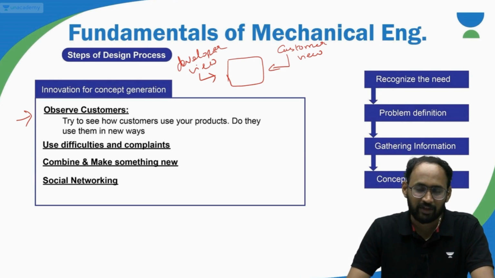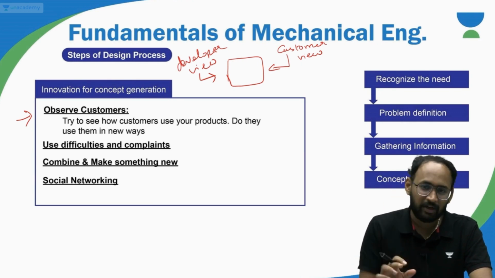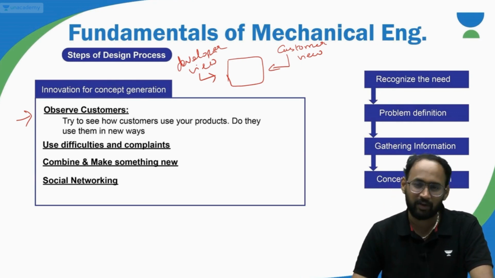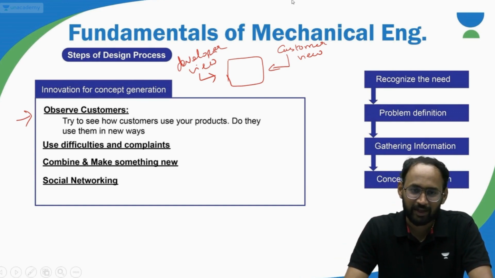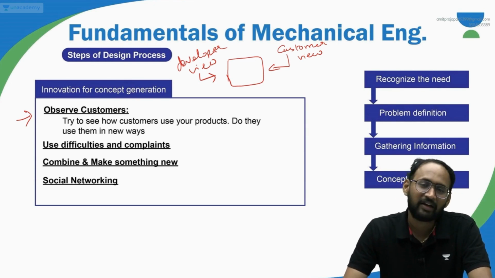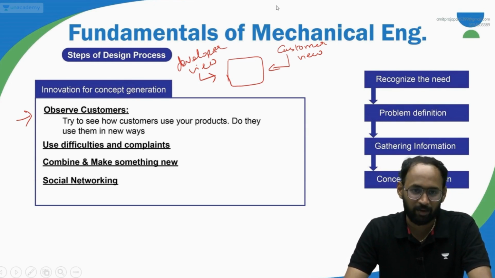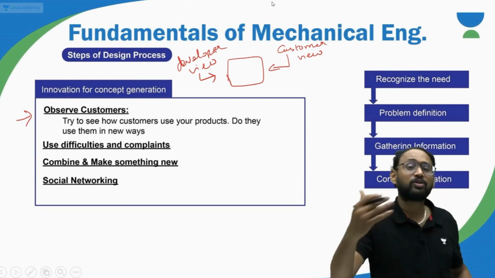For example, you design the product to be used in a particular way, but the customer uses it in a different way. Very simple. So you need to try and visualize from the customer standpoint, for the innovation, how the customer is going to use your product.